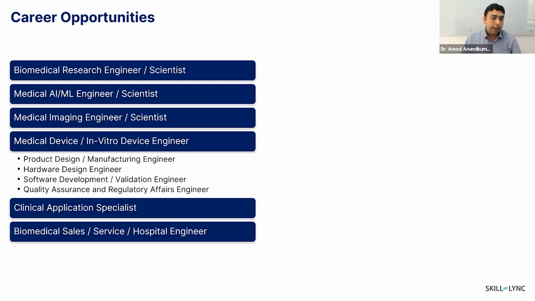Learning some amount of AI and ML along with the medical technology background would enable people to enter their career as a medical AI ML engineer or scientist. Understanding the radiation and radiology and imaging technology enables people to also become medical imaging engineers and scientists.